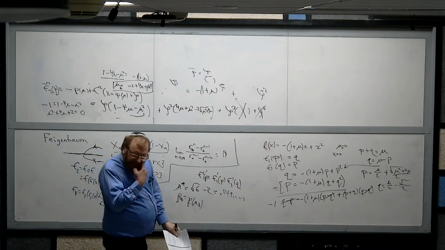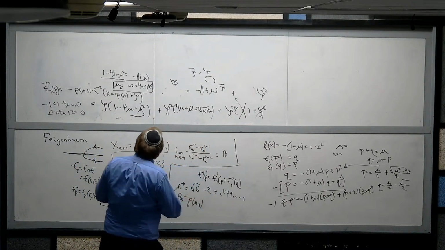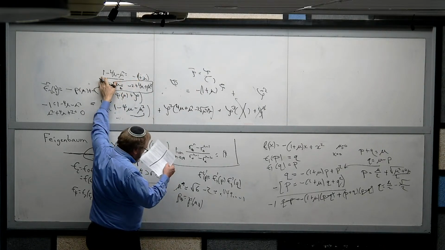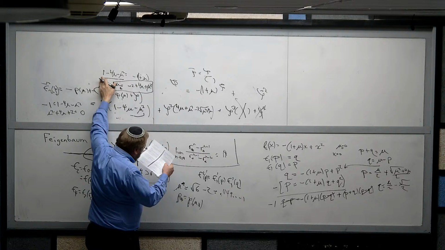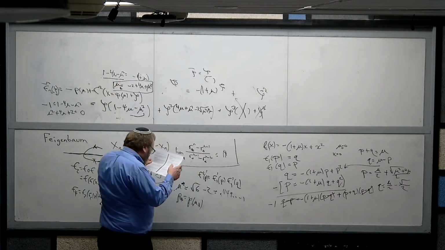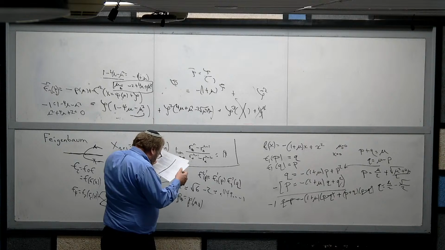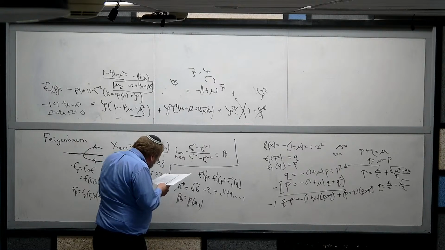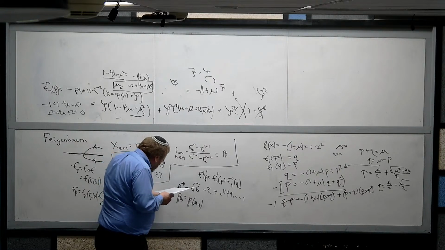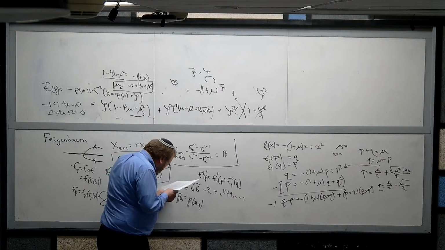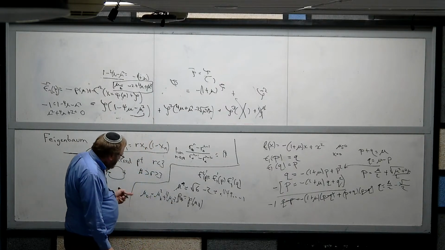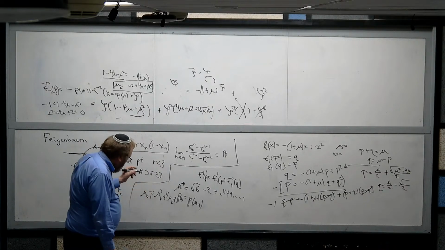Mu star equals that? Yes. In general, the equation is that mu k minus 1 equals mu k squared plus 4 mu k minus 2, equals 0.